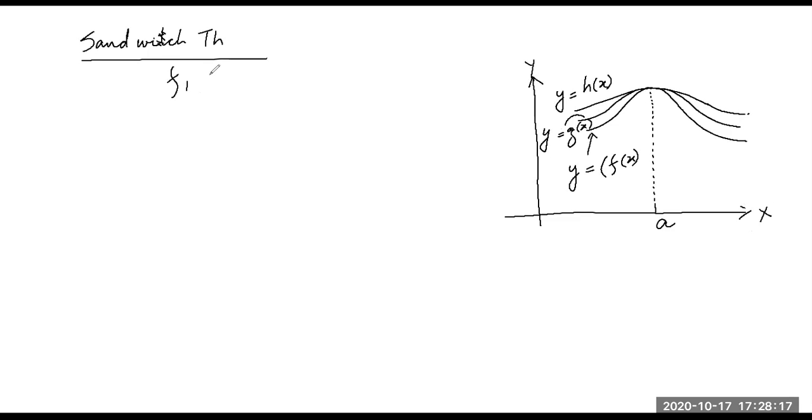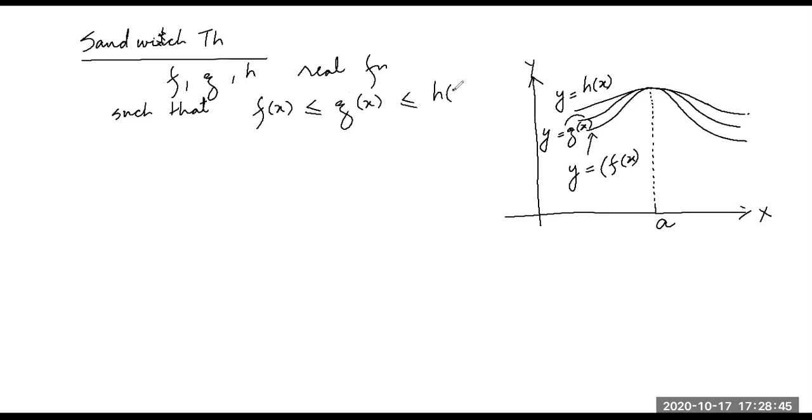If f, g, and h are real valued functions such that, as you have observed from the graph, f of x is less than or equal to g of x, which is less than or equal to h of x.